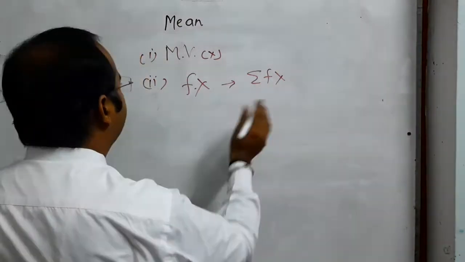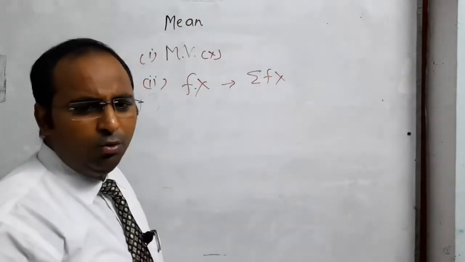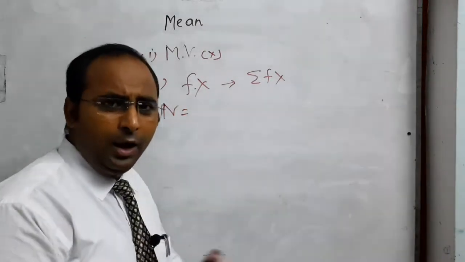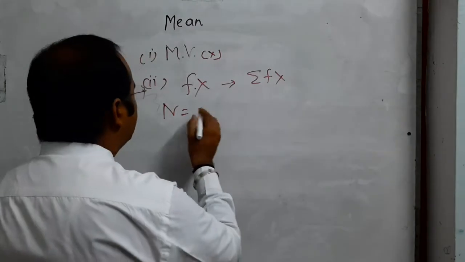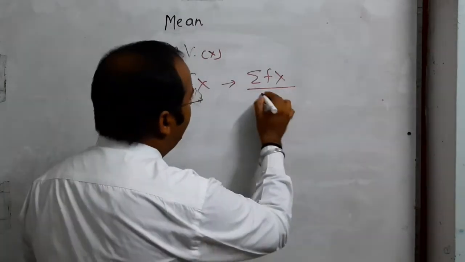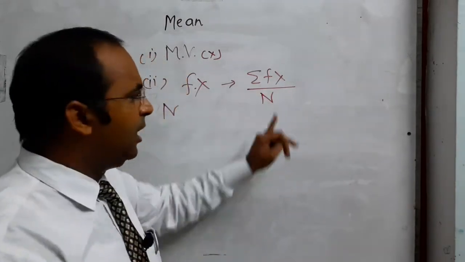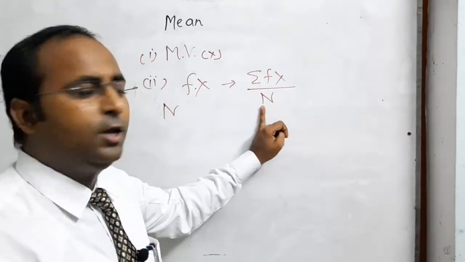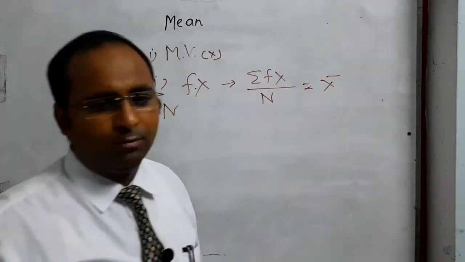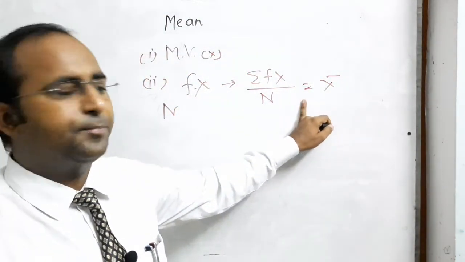Next, you have to get n, the sum of frequency. Now after this you divide sigma fx by n, and you get the mean. We say it x bar.